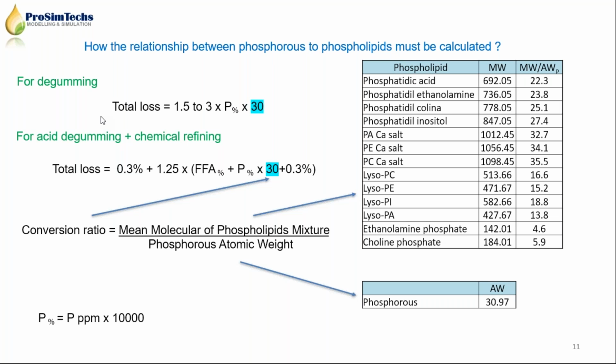This is done by using a given performance formula, which gives some guaranteed values. And we typically use, to convert phosphorus content in ppm to phospholipid content in ppm, a ratio of 30, without knowing exactly why.